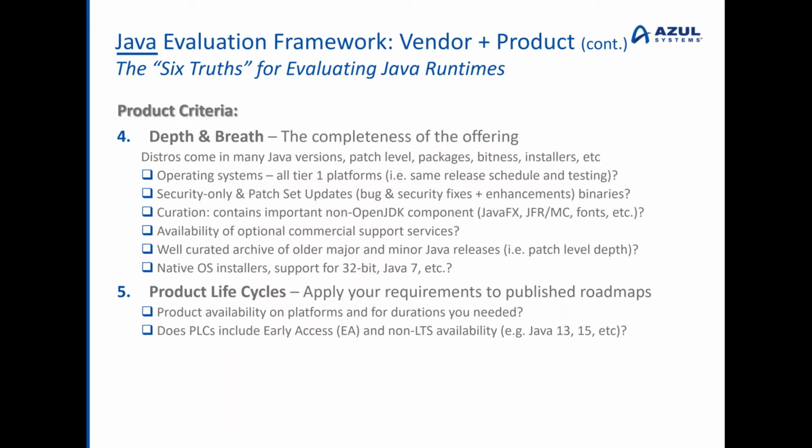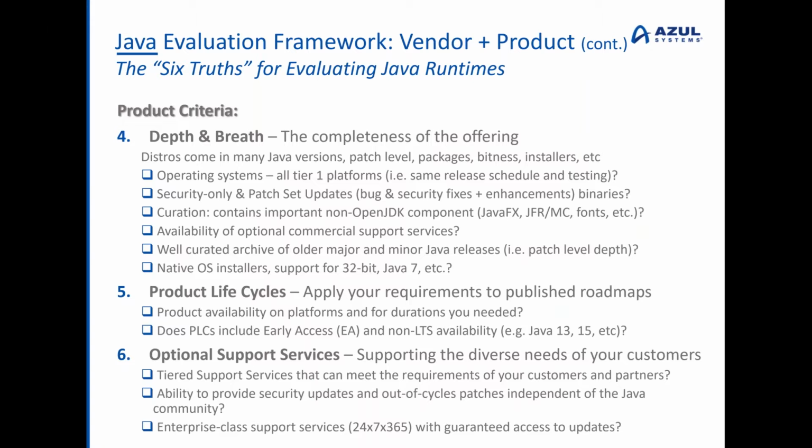Maybe they're using Java 13, maybe 15. Maybe they need and want to look at early access binaries. Does your vendor of choice, does your reference implementation, allow your customers to use or explore early versions of Java through EA, or what I call non-LTS availability?